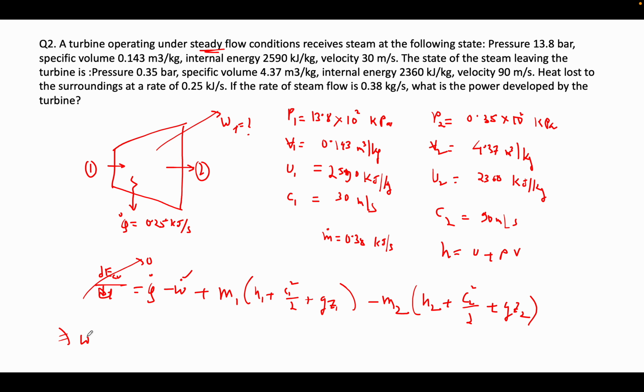So W dot will be equal to Q dot plus M dot times (H1 minus H2 plus C1 squared minus C2 squared by 2 plus G (Z1 minus Z2)). Once again, it is not telling us anything about the change in potential energy, so we will also take this as 0.